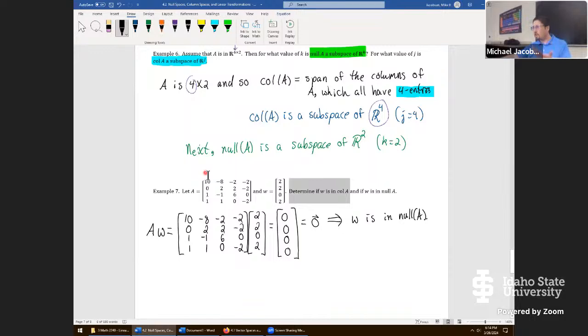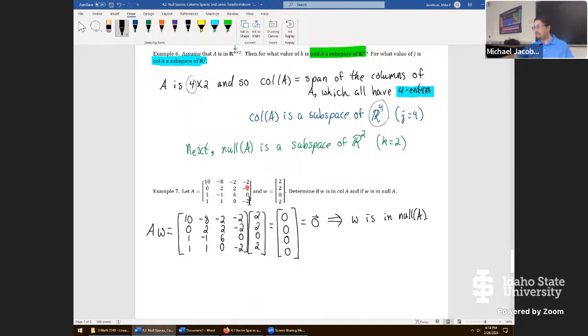Looking at these, column 1, column 2, column 3, they don't seem to have anything to do with the vector W. And if I think about adding them together, this plus this would be a 2, 2, 0, 2. Those first 2 columns actually add together to generate W.